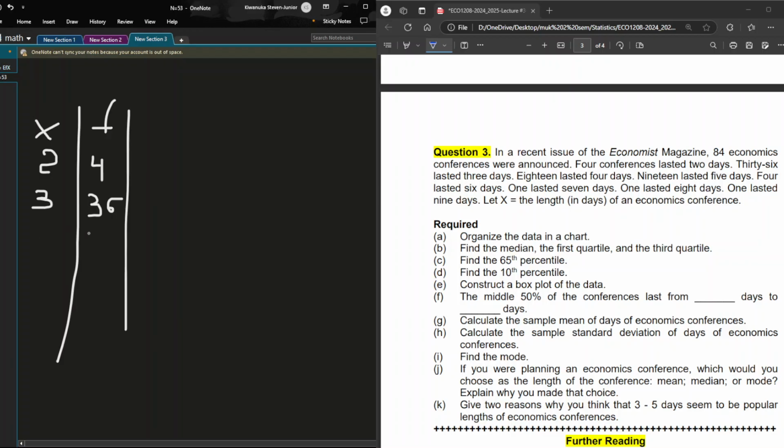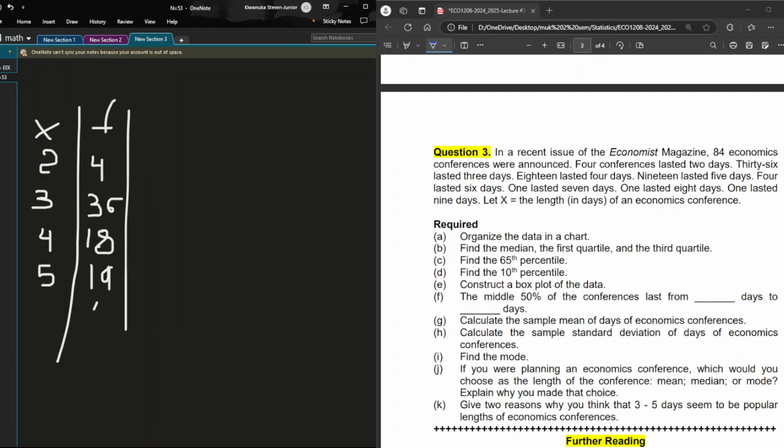Then we have 18 lasted 4 days, so 18 conferences. These frequencies represent conferences that lasted 4 days. Then we have 19 conferences lasted 5 days.